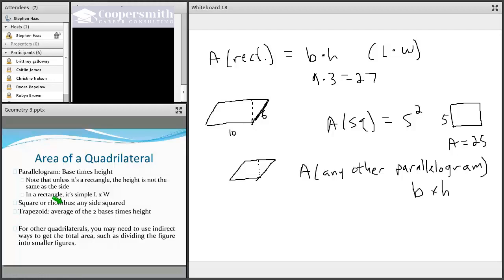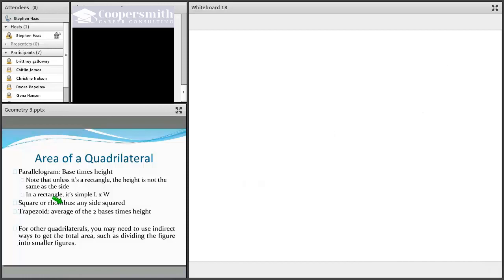Which is not necessarily, in a rectangle, it is the sides multiplied by each other. In a rectangle, because it's a right angle on the corners over here, this is the base, and the sides are actually the height. But in other parallelograms, it doesn't work like that. Okay. So that is how to figure it. Those are the formulas, and they're all fairly logical, hopefully, for figuring out the areas of a quadrilateral.